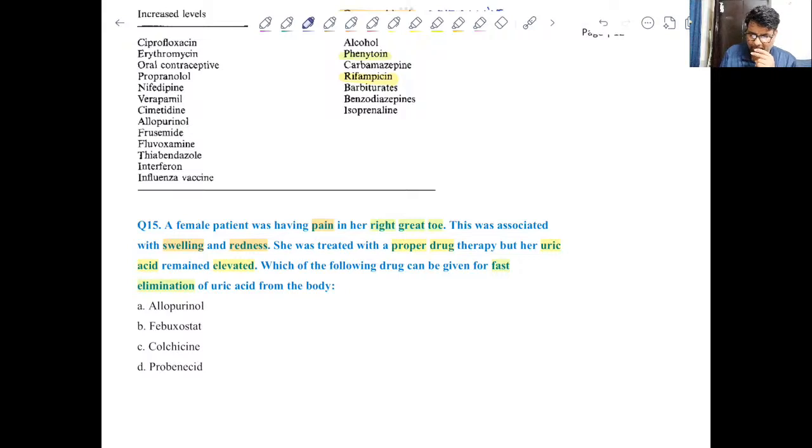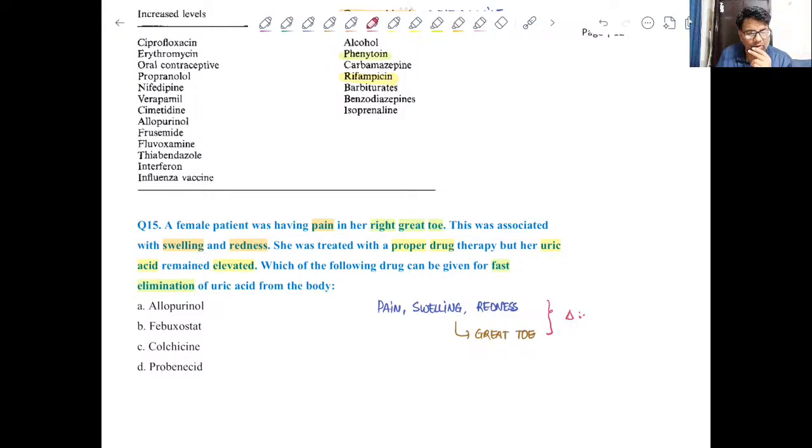So I think pain, swelling, redness in the region of great toe, this itself is talking about the diagnosis.